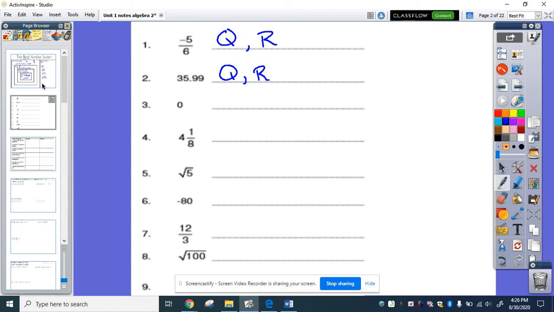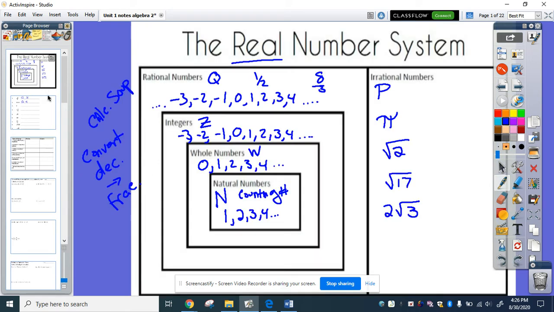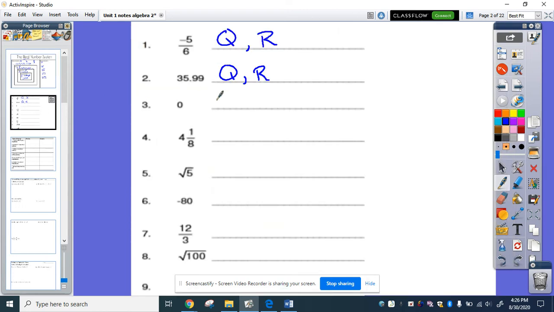Now, the number 0, if we go back here and look, where did 0 first show up? Well, 0 first showed up here in the whole number section. So if 0 is a whole number, that means everything further outside of that is going to be included. So 0 was part of the whole number set.